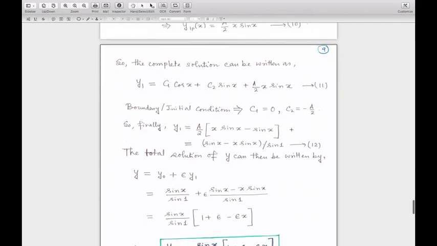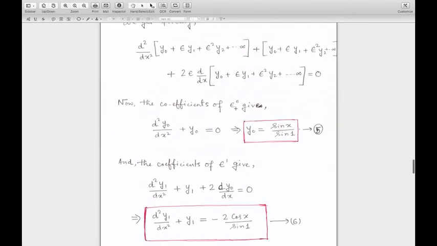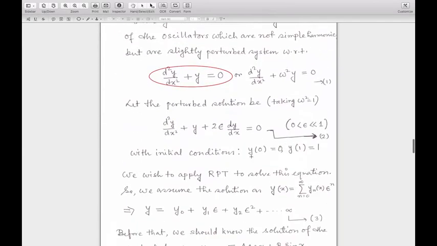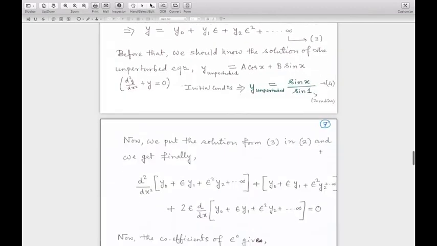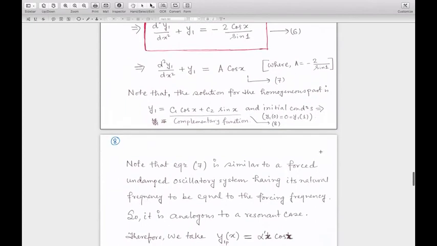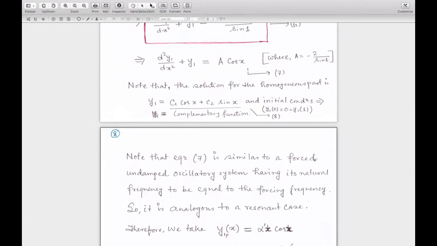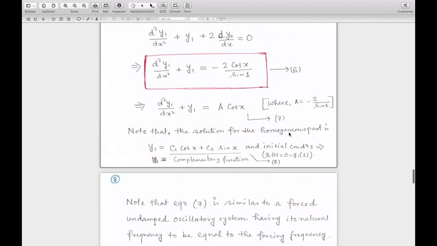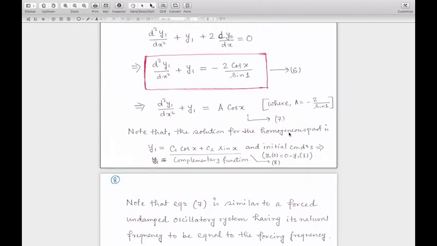Now finally you have the right to use the initial or boundary conditions, and if you do that properly, you will see the conditions are the same: y is equal to 0 at x equals 0, and y is equal to 1 at x equals 1. There is a bit of a subtlety. y equal to 0 at x equals 0 says that y1 is also 0, all the orders of y are 0.